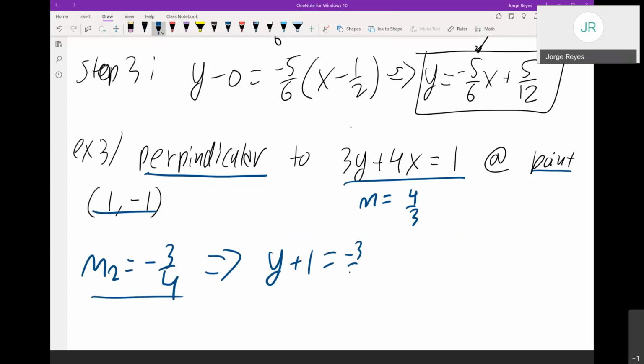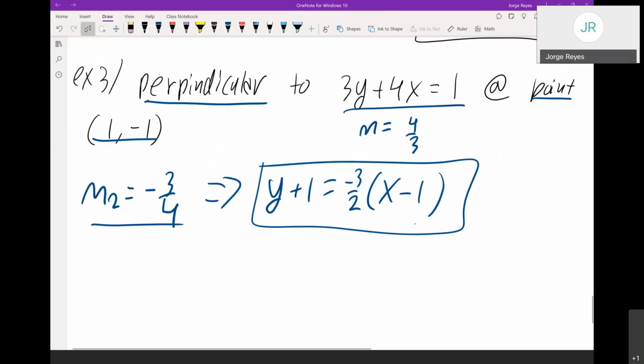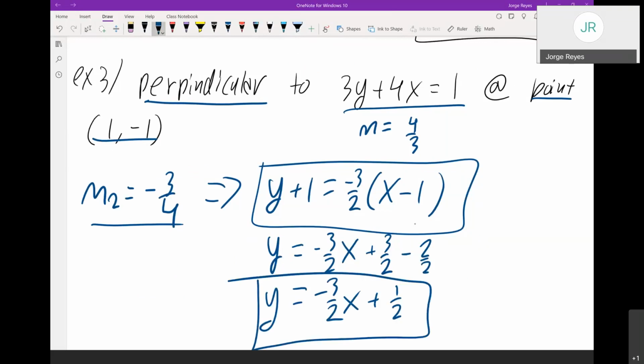Negative 3/2 x minus 1, and ta-da, we're done. I'm going to put it in slope-intercept form just in case. So this will be plus 3/2 minus 1, which equals negative 3/2 plus, right, this is 2/2, so 1/2. So ta-da! Here is the line perpendicular to this line at this point.